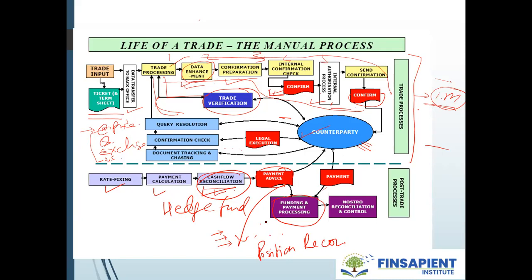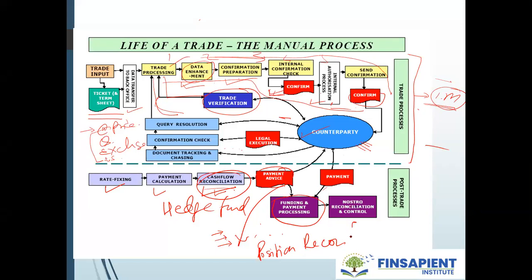I mean, the accounts which you were mentioning, Nidhish, I think that was the dealing date account, DDA account, and the prime broker account, where the cash is moved for the payment. That comes into the picture in the payment advice and the funding and payment processing.